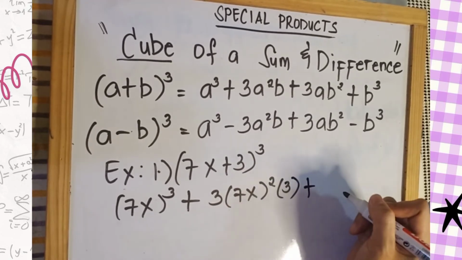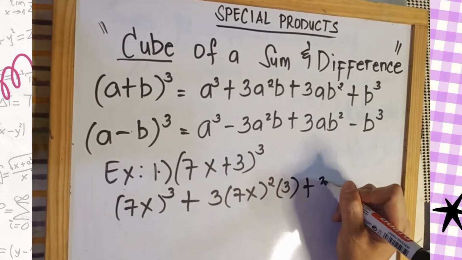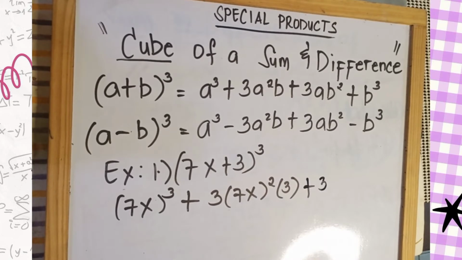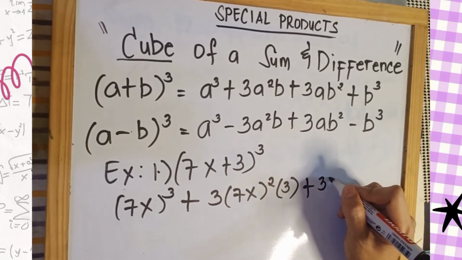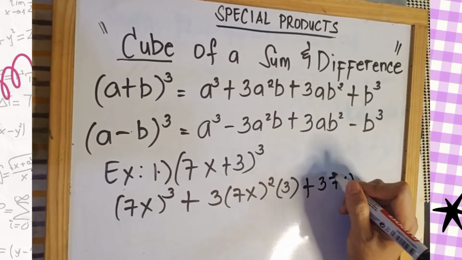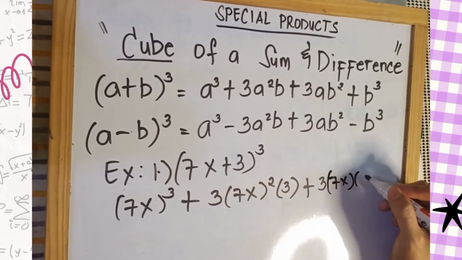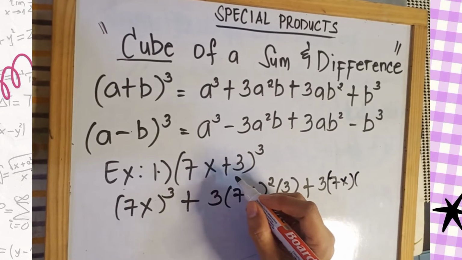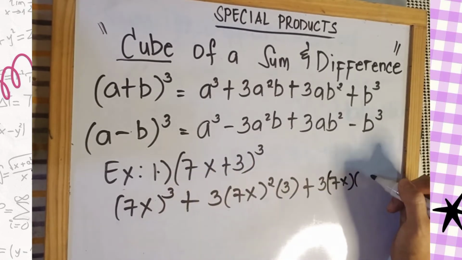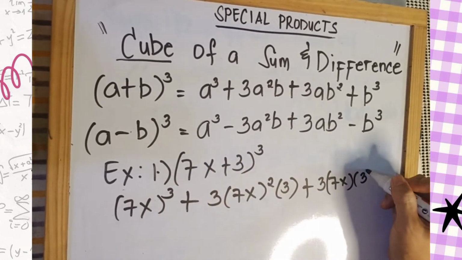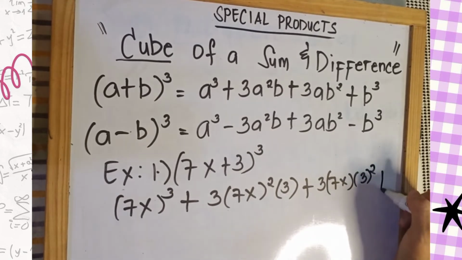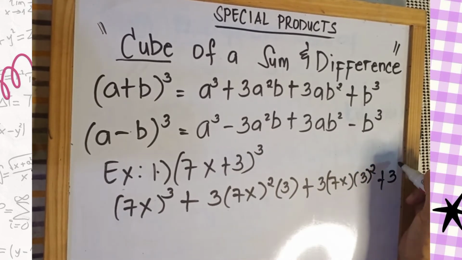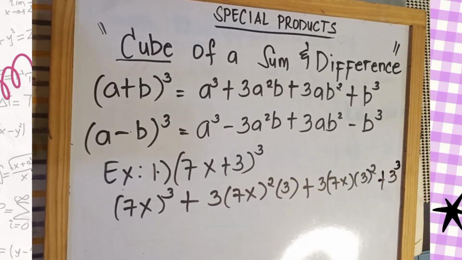plus thrice the product. This time, yung A naman ang isusulat natin and yung B naman ang i-squared natin. So, our second term is 3 squared plus the cube of the last term.